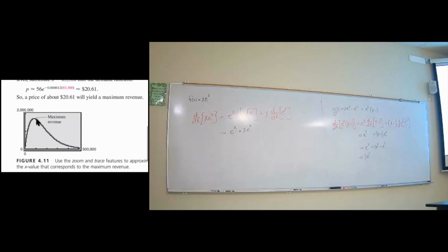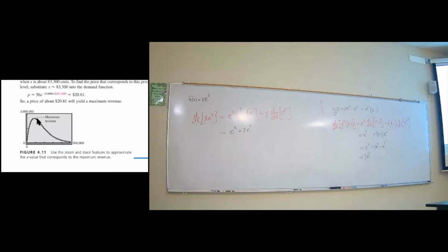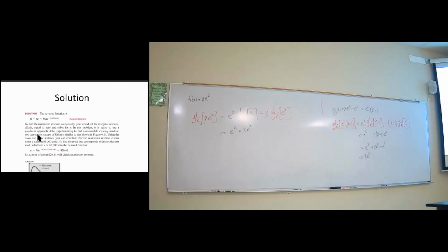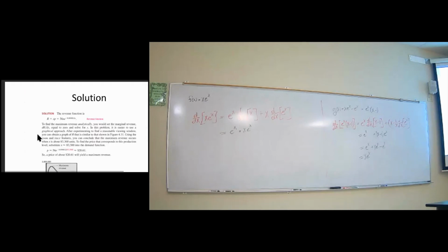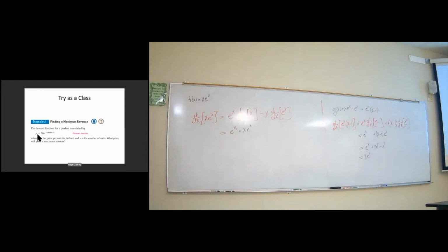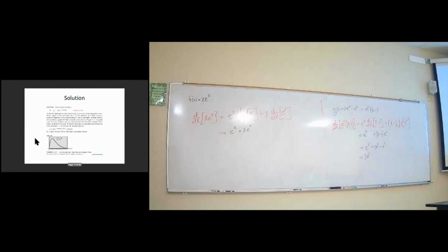And we want to find the max. So we're going to take the derivative, set it equal to 0. Find the x value that corresponds to that. Plug that x value back in to our original demand function to get price out.